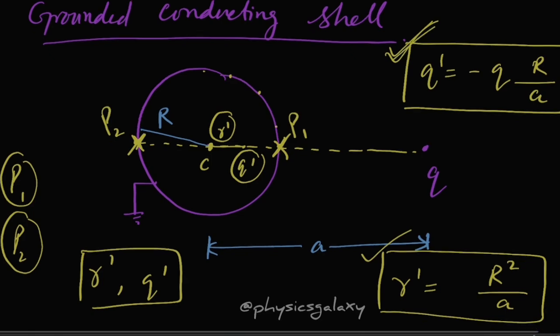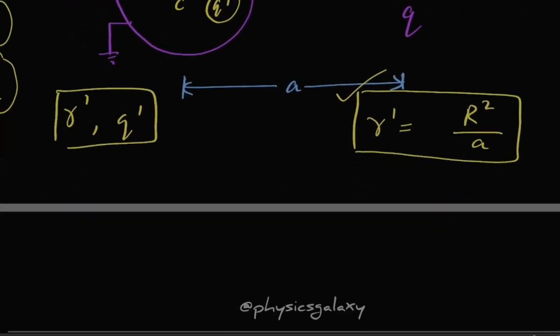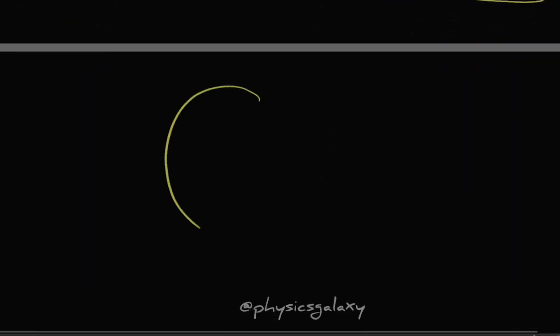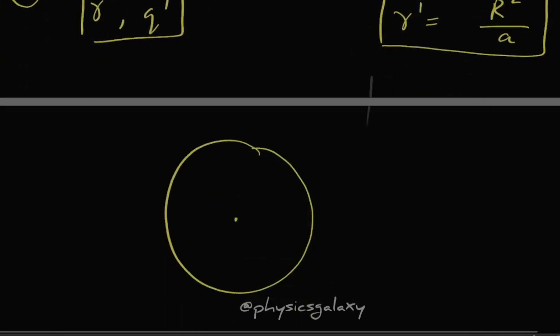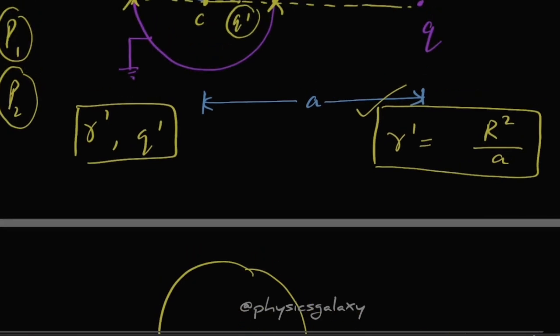Now one interesting thing to note: what if I have the real charge inside? Suppose Q is my real charge inside. Then what will be the value of the imaginary charge? Then the imaginary charge will be outside, q dash, and you just have to invert it.